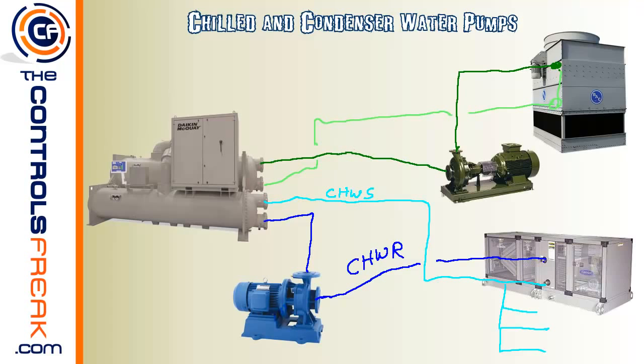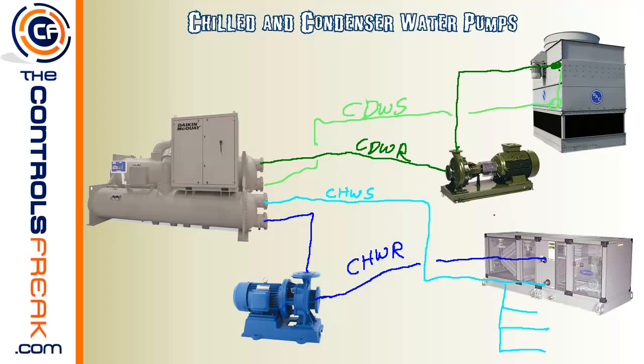Now we've actually completed the condenser water, so I'm going to label these as well. We're going to have condenser water return, and then we're going to have condenser water supply.